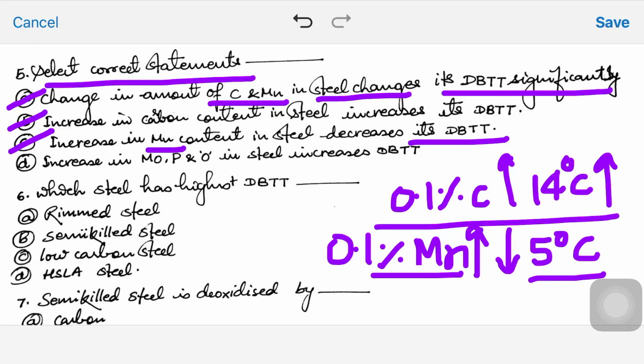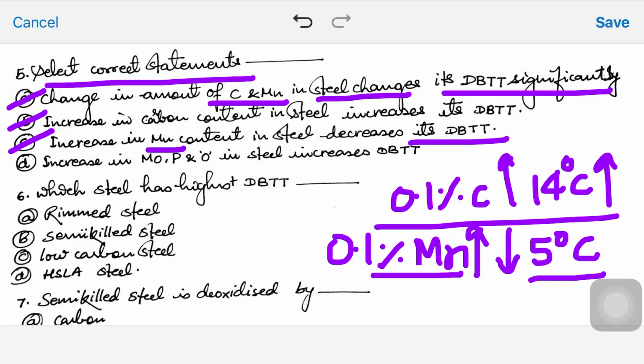So we can say that when we add manganese to the iron or the steel, then its ductility increases, or the low temperature application is more advisable by adding the manganese. Because the DBTT is lowered, it means it can undergo ductile fracture even at low temperature. Okay.